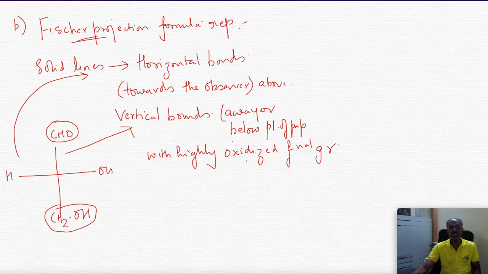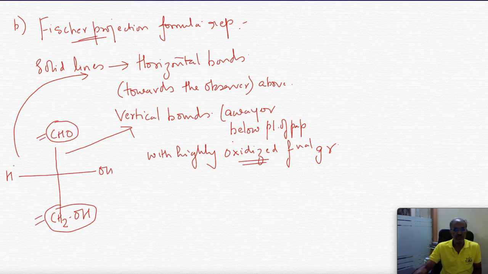Oxidized means you can easily oxidize it. Oxidation, as we know, we have seen in class 9, class 10. Oxidation means addition of oxygen, or you can say removal of hydrogen. So the vertical bonds, which go away from the plane of paper, here are attached to two functional groups which can be easily oxidized.